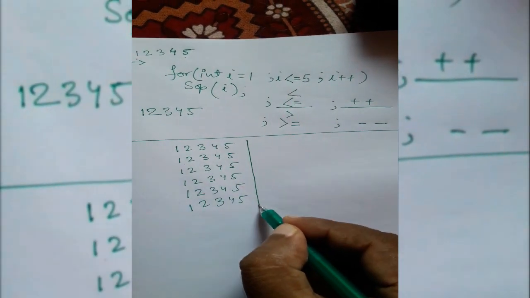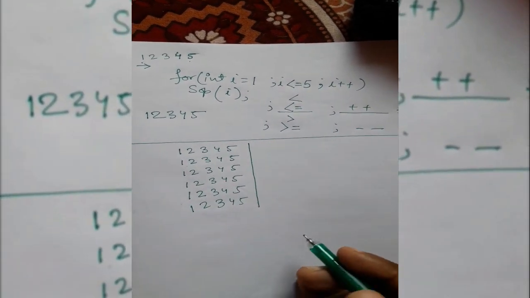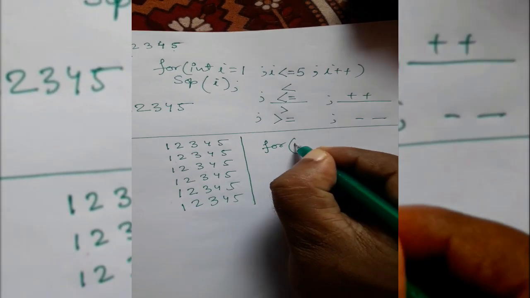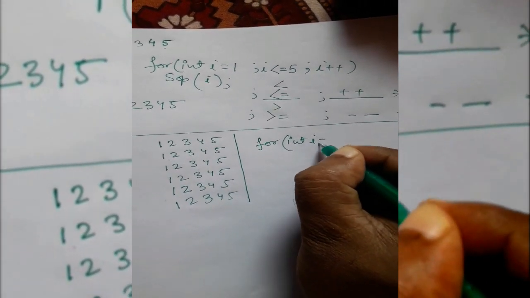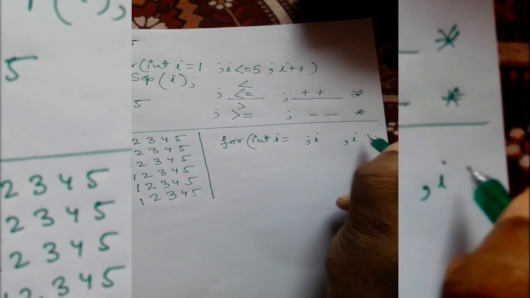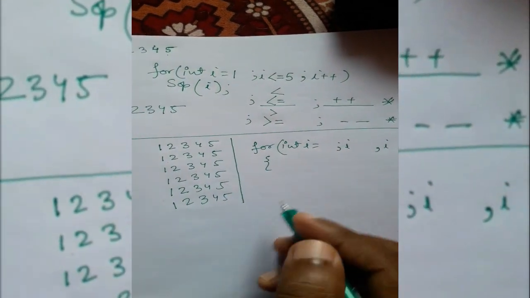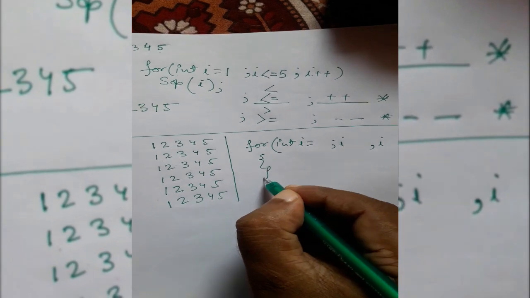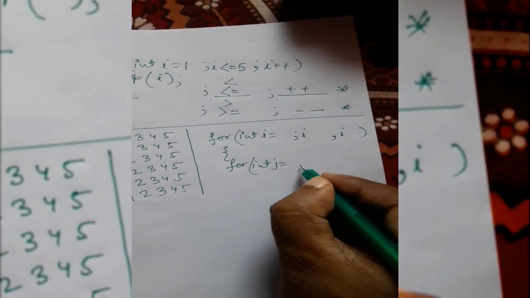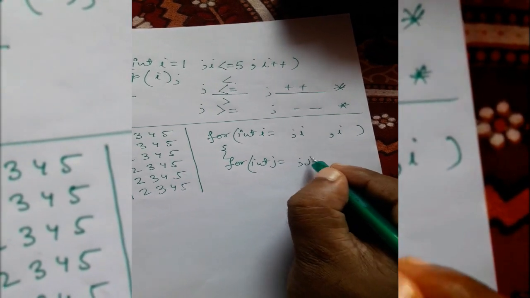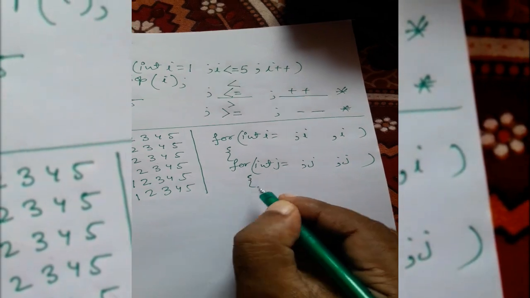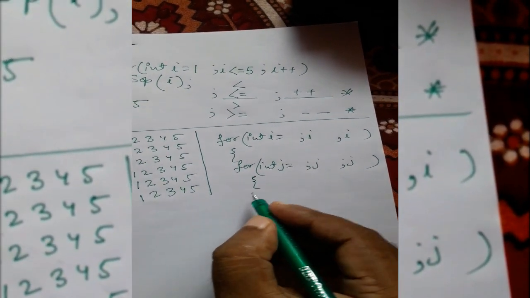For that we need a nested loop. The first loop we will start: for int i equals to something. The second loop will be for int j equals to something. We don't know what will be there, we will see later.